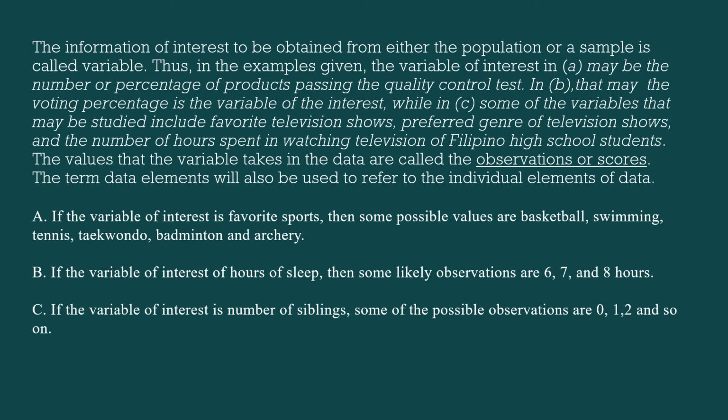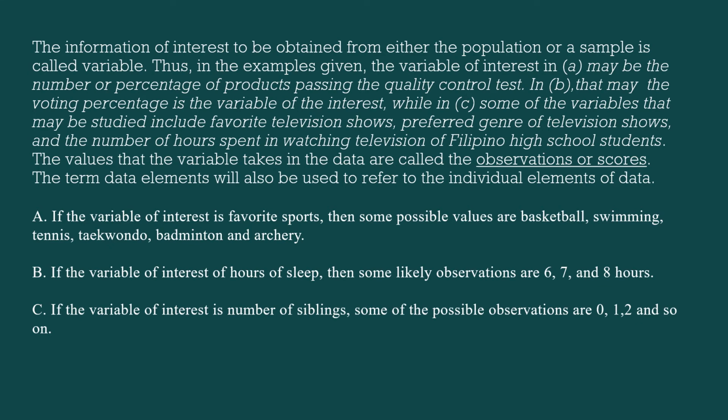The values that our variable takes in the data are called the observations or scores. The term data elements will also be used to refer to the individual elements of data. So A, if the variable of interest is favorite sports, then some possible values are basketball, swimming, tennis, taekwondo, badminton, and archery.